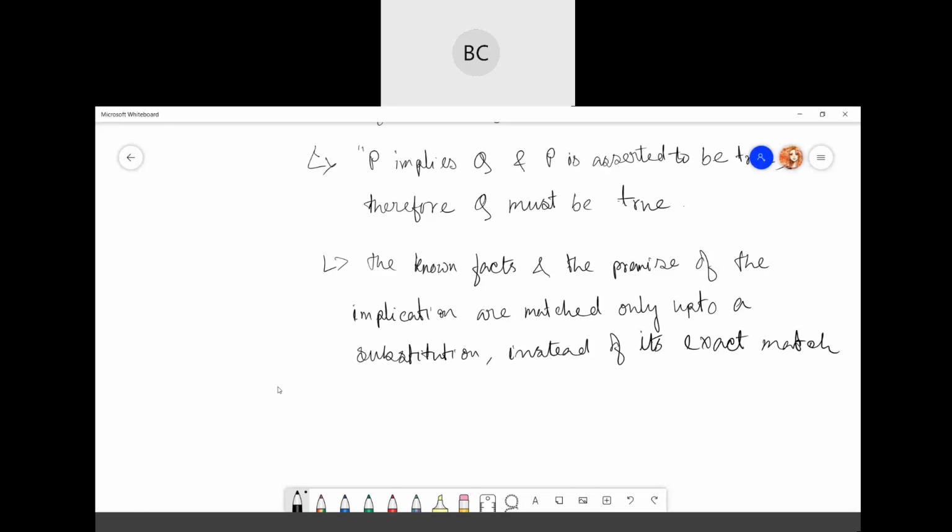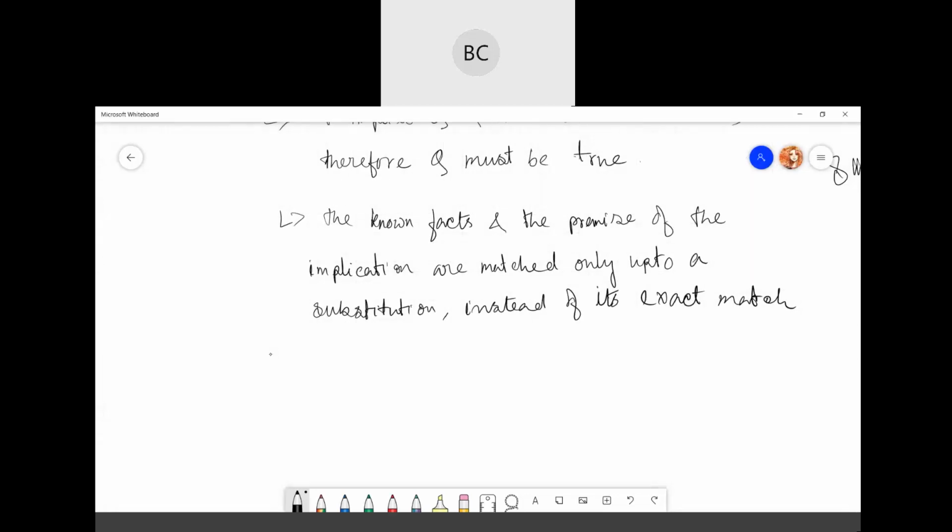The whole notation can be represented like this.